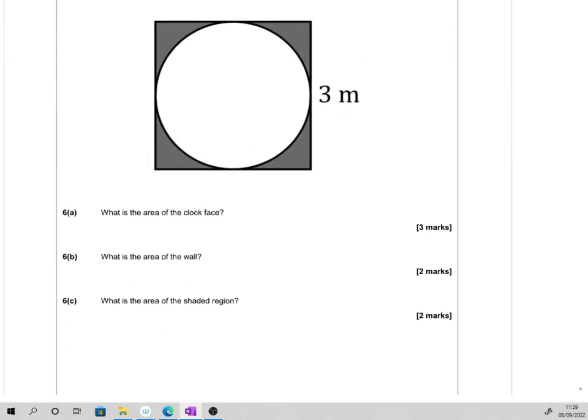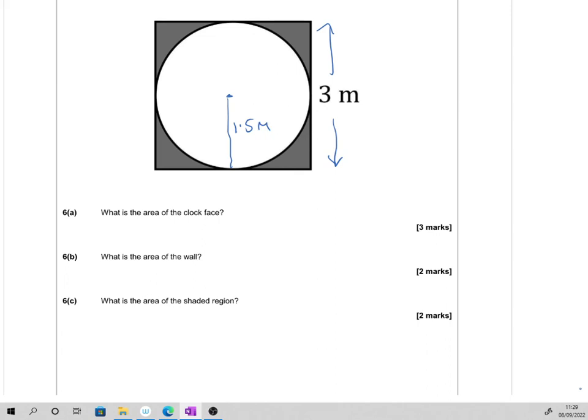Right. Below is a clock face mounted onto a square wall. What's the area of the clock face? Now, if this is 3 meters from there to there, then from the middle to there will be 1.5 meters. Yeah, it's halfway.